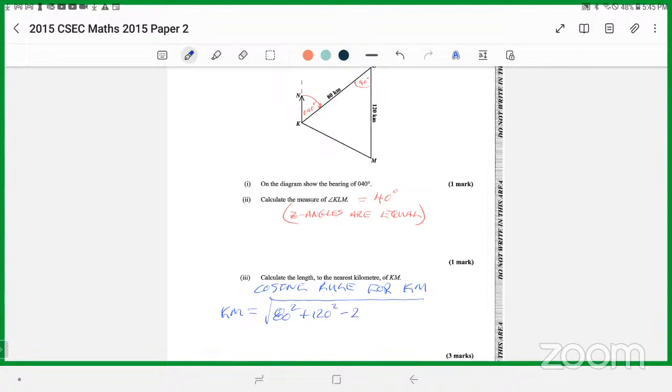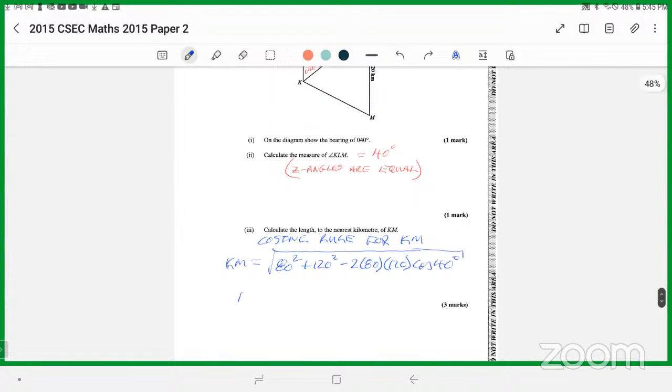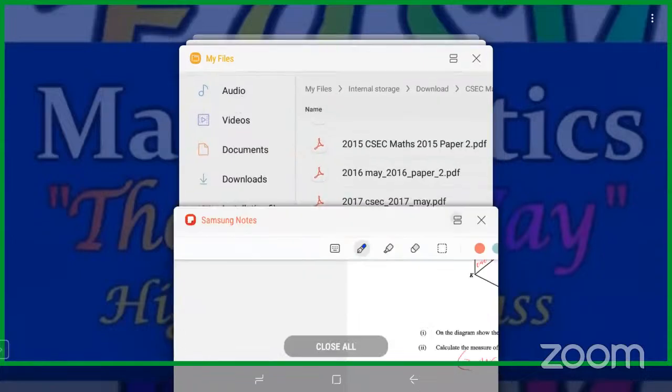You subtract 2 times the 80 times the 120 times the cosine of the angle between them, which is the 40 degrees. You put this in the calculator and you get KM. You see, you don't have a lot of space to do a lot of work, a very small space. This is proving to you that you have to be efficient with your work.